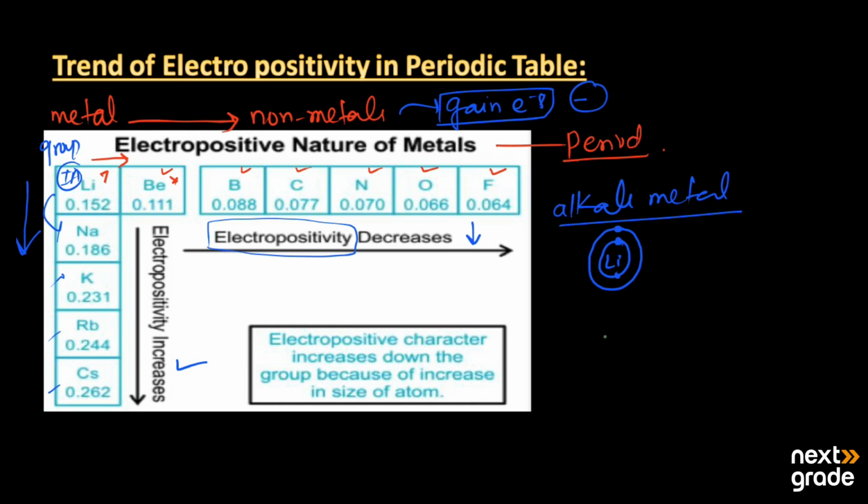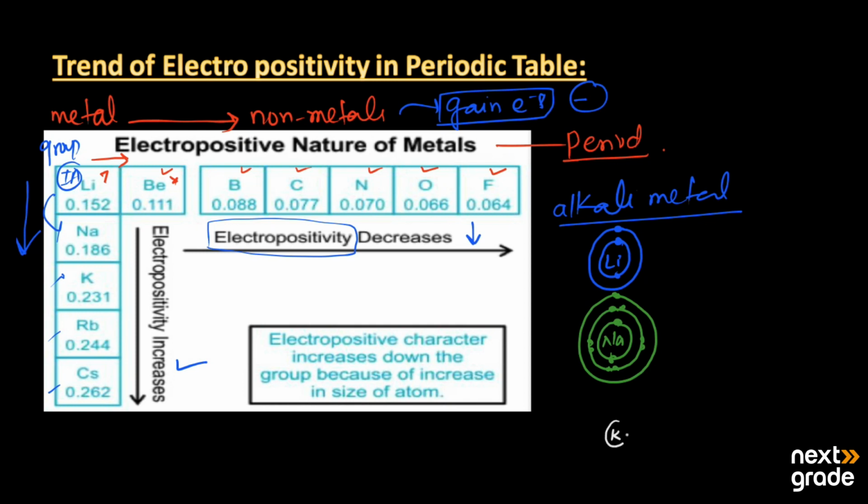After this, we have sodium. Sodium has 2 electrons in its first shell, 8 electrons in the second shell, and 1 electron in the last shell. After this, we have potassium.